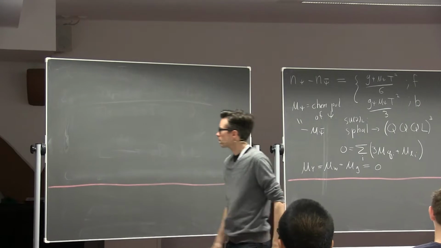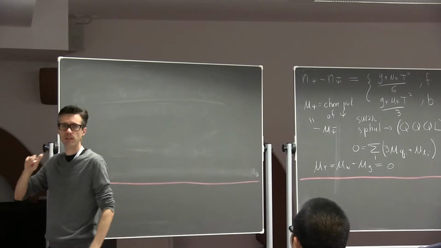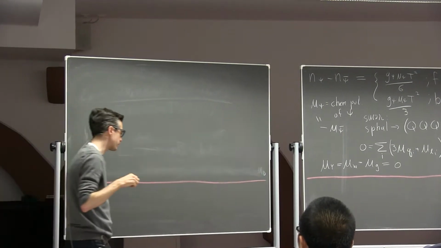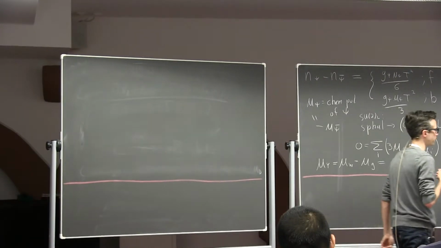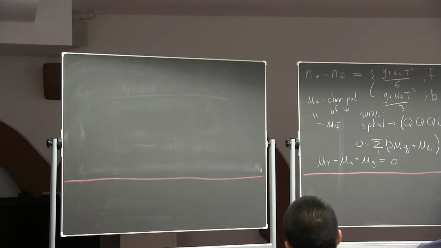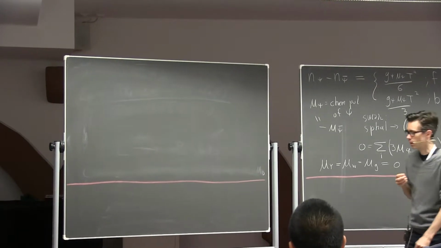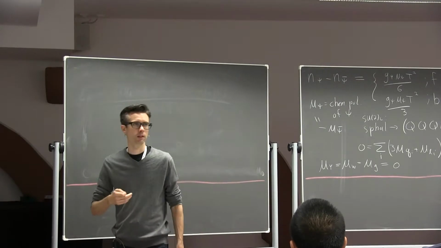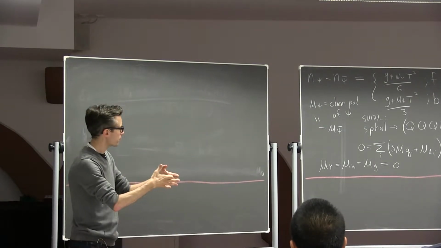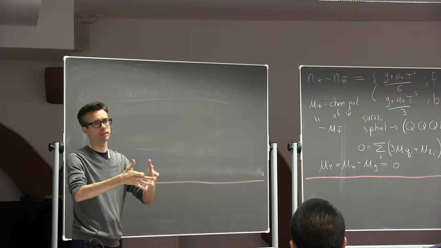OK. So the way we describe the cosmological evolution of the densities is through a set of Boltzmann equations. So I wrote down one Boltzmann equation for you, I guess it was Tuesday, describing dark matter freeze-out. And Boltzmann equations describe the approach to chemical equilibrium, or I should say the approach to equilibrium.